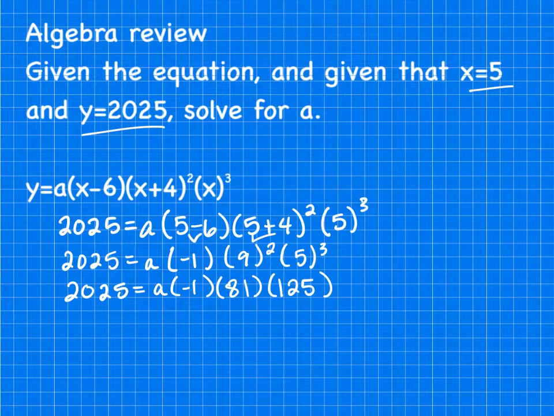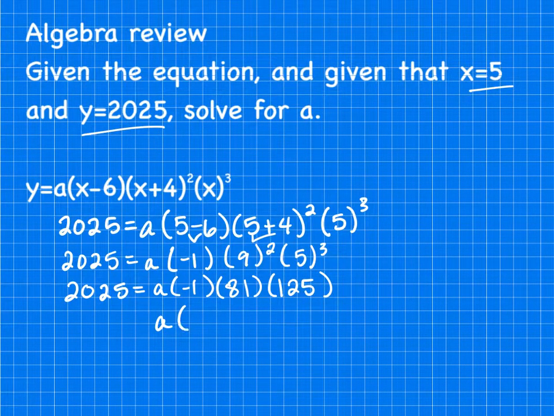So now, as I calculate that, -1 times 81 is -81. And then -81 times 125, give me just a second, is -10,125.